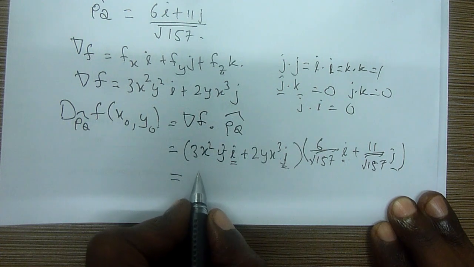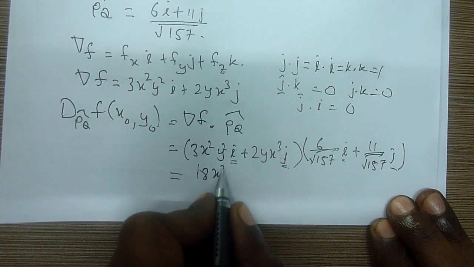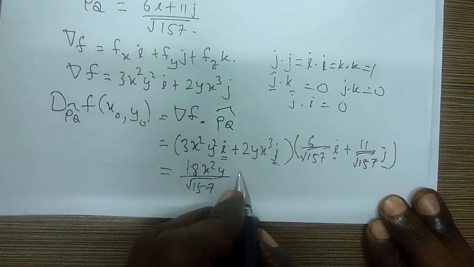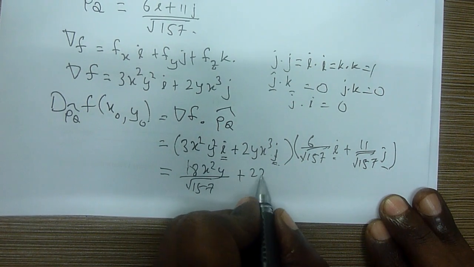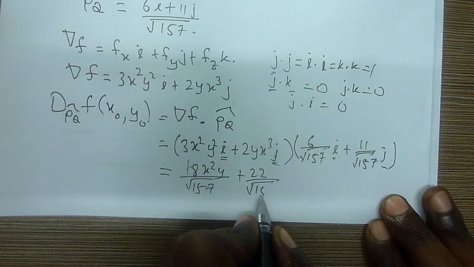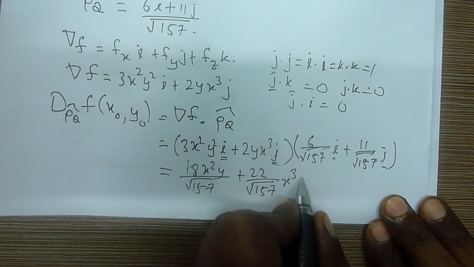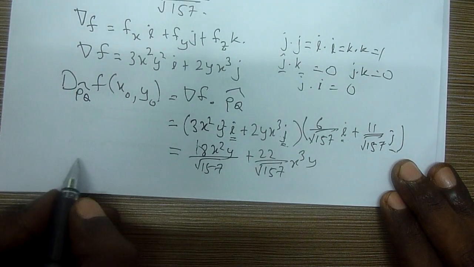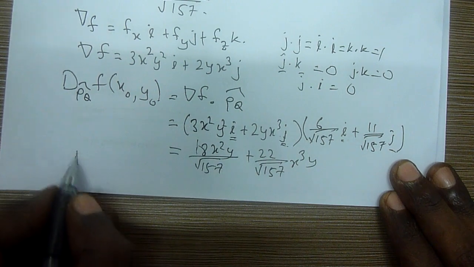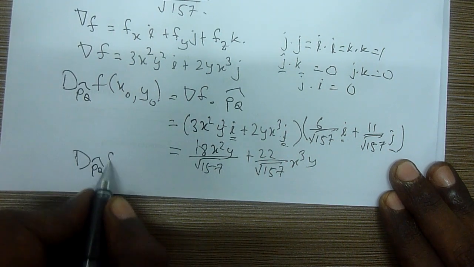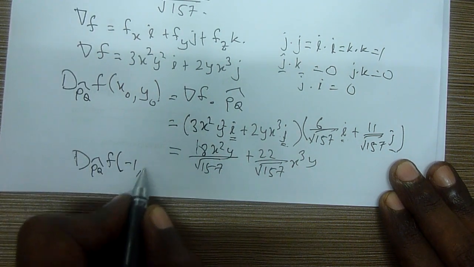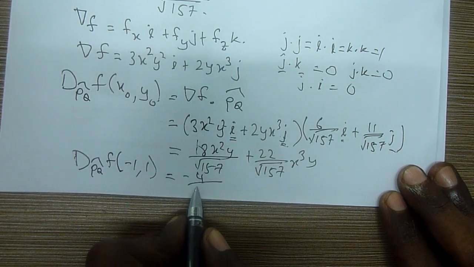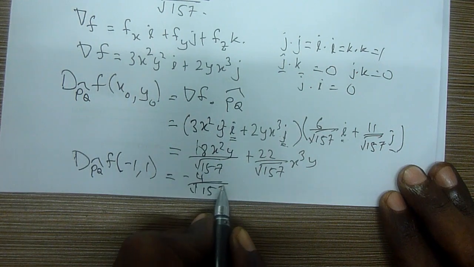You will get here 18x²y over 157 plus 22 over 157 x³y. And when you substitute that at the point with -1 and 1, you will get the answer 40 over 157.